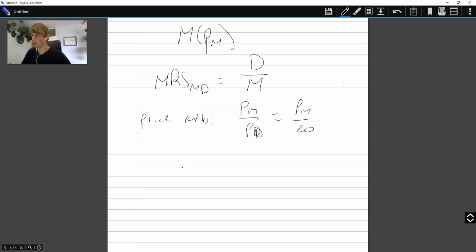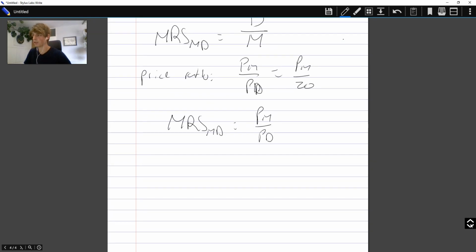Now in the optimal consumption bundle, the MRS equals this price ratio, or the slope of the indifference curve equals the budget constraint, which is the same thing.